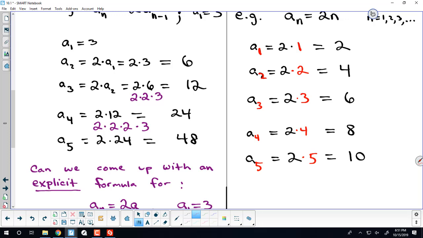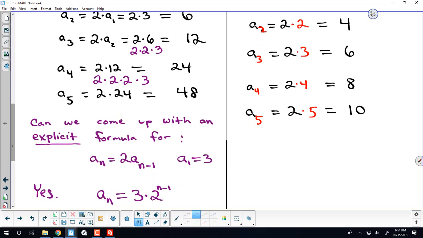So we come up with the sequence as 2, 4, 6, 8, 10, and so on and so forth. So that's our list of numbers, our sequence.